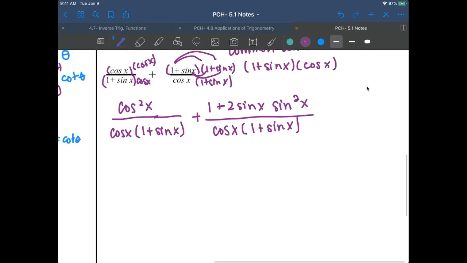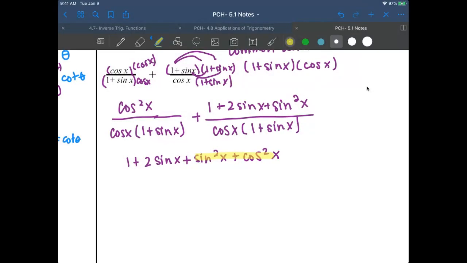All right. Oops, I forgot a plus right there. I'm going to add my numerators. So I get 1 plus 2 times the sine of x plus sine squared x plus cosine squared x. I forgot my denominator. The cosine of x times 1 plus sine of x.